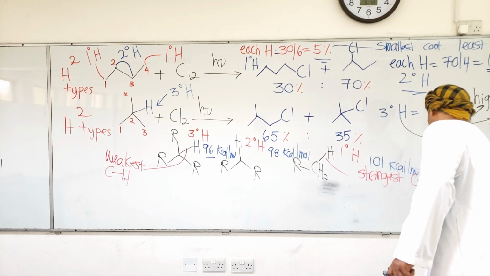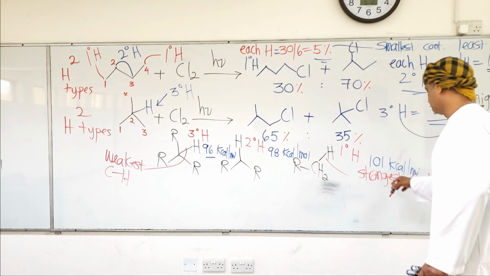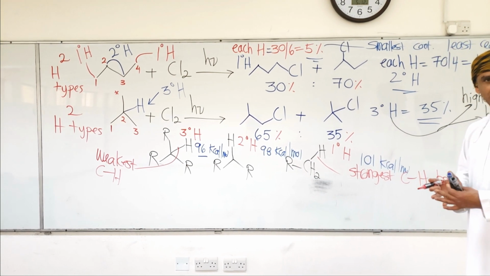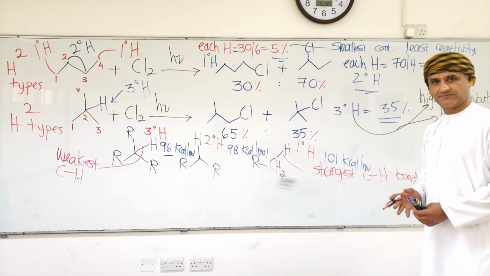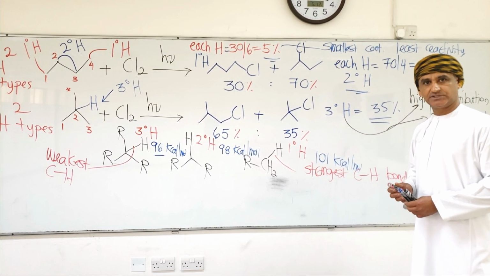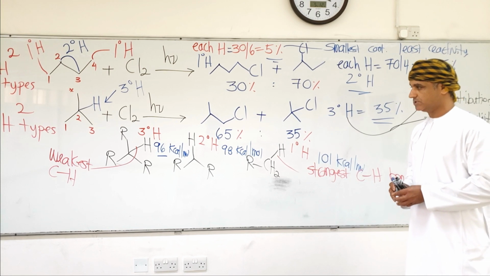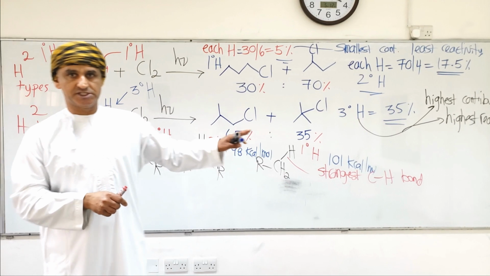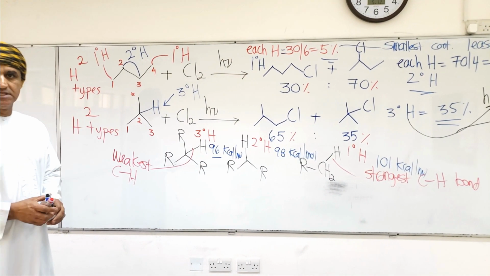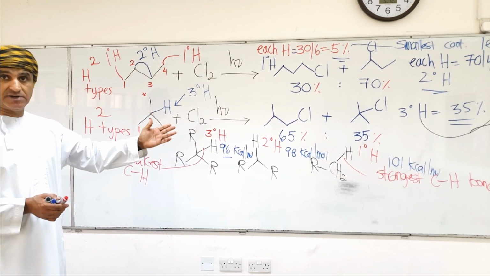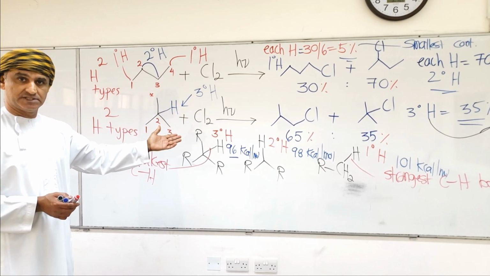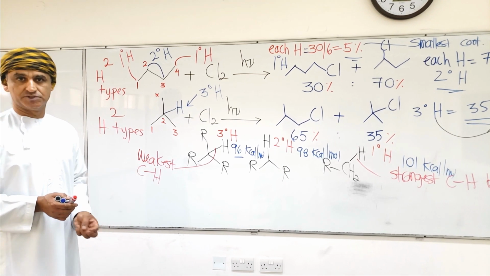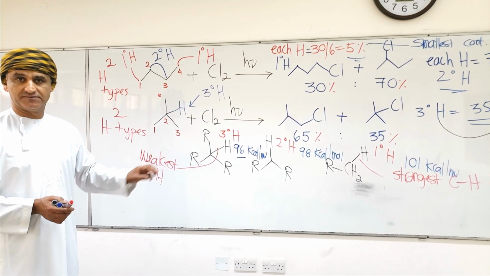This is the strongest CH bond because it takes more energy to break it or to dissociate it, as reflected by the highest or the largest bond dissociation energy. So this trend in reactivity, that the tertiary hydrogen is the most reactive, followed by the secondary hydrogen, followed by the primary hydrogen, is due to the bond strength or the bond dissociation energies of the respective CH bonds.